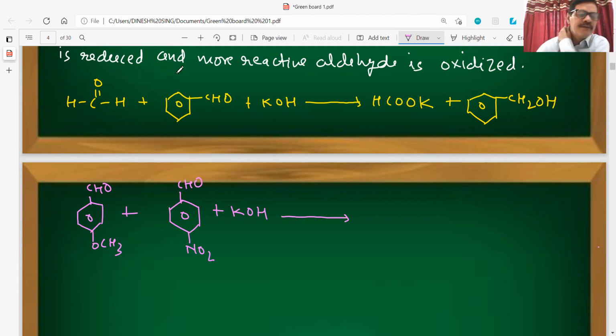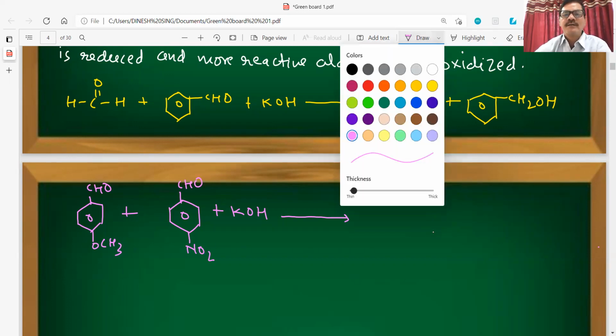Here we can see that OCH3 is giving plus M effect and NO2 is giving minus M effect. So due to plus M, the reactivity of this aldehyde is decreasing, and due to NO2, the reactivity of this CHO group increases. So this NO2 compound will undergo oxidation and this OCH3 compound will undergo reduction.